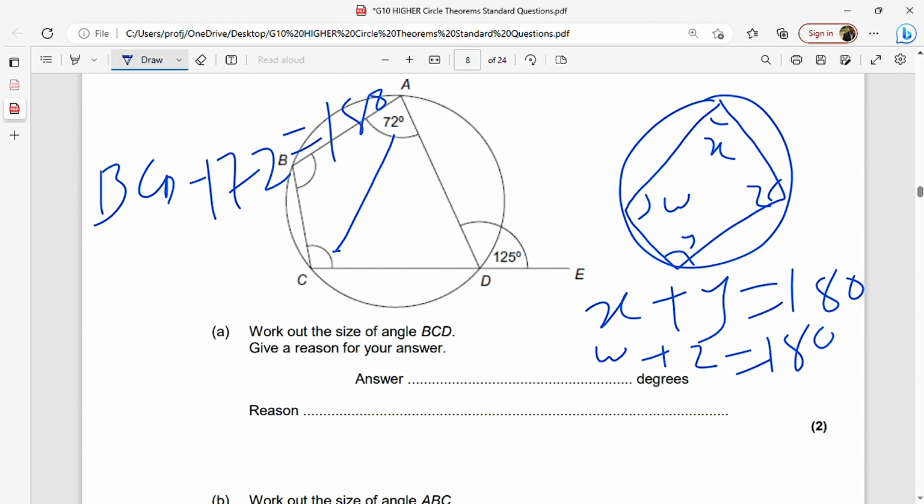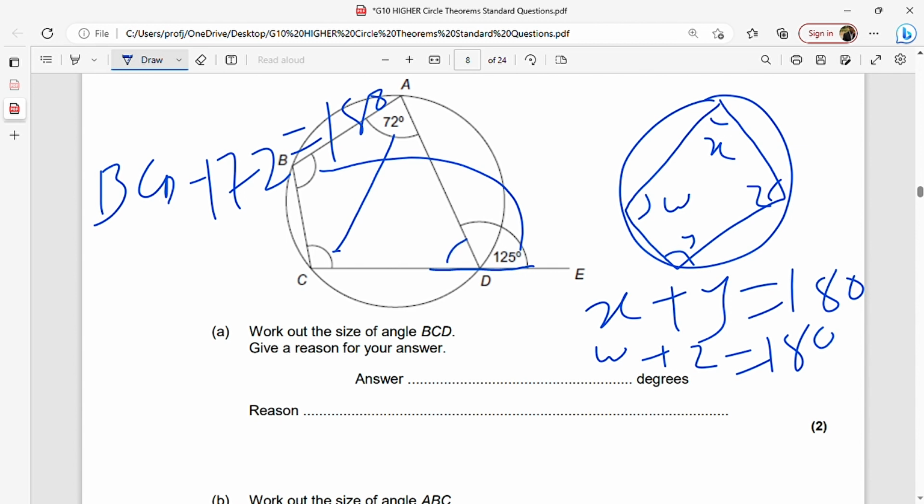And then again, one shortcut I need you to know for objective is, because you're also going to do the same, you're looking for ABC. This angle here is equal to this angle. That's the shortcut, because if you say that sum of angles on a straight line is 180 minus 125, you get this part.